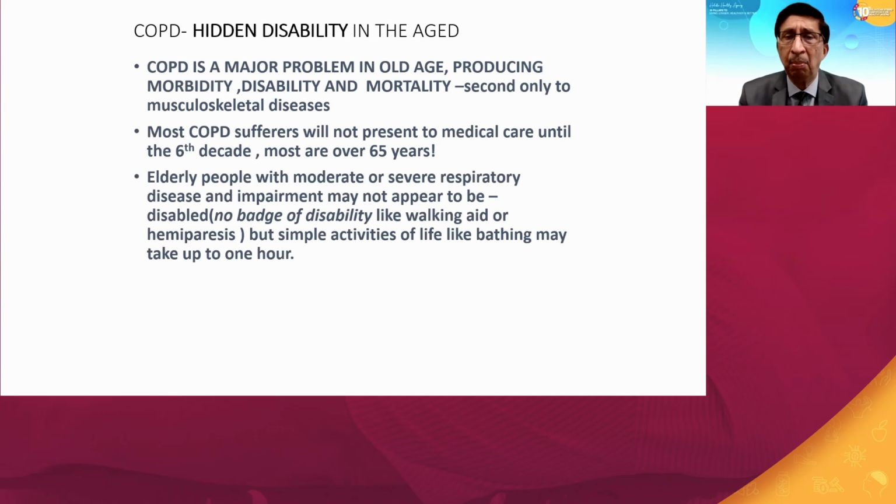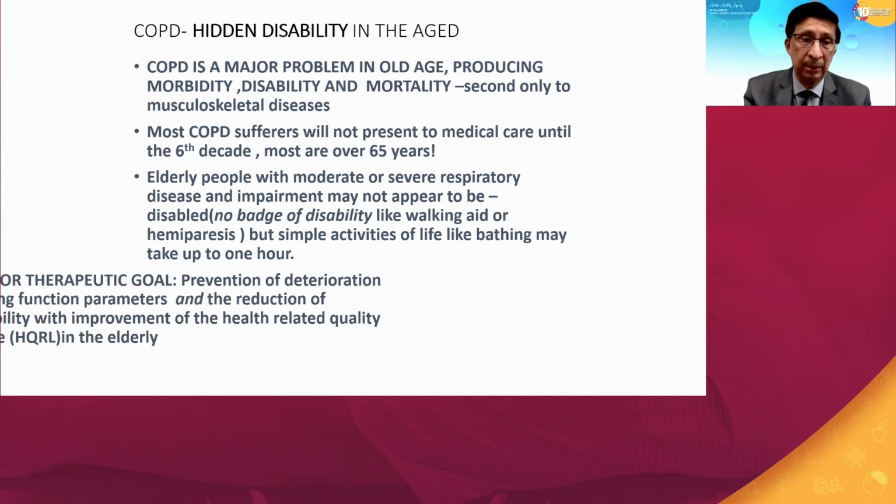Elderly people with moderate or even severe respiratory disease and impairment may not appear to be disabled. There is no badge of disability like a walking aid or hemiparesis, but simple activities of life like bathing or washing up may take up to 1 hour.